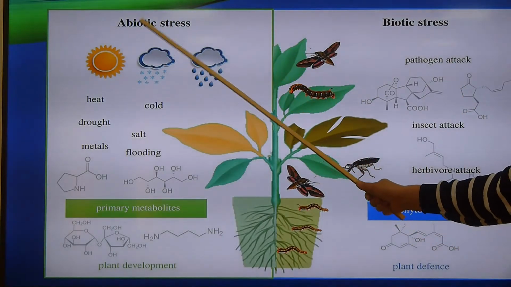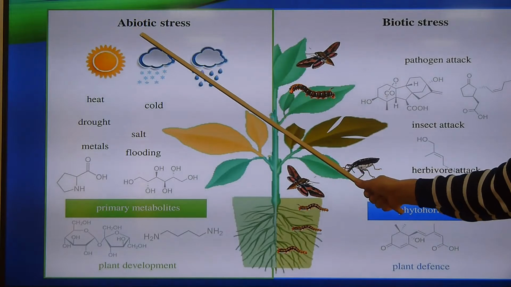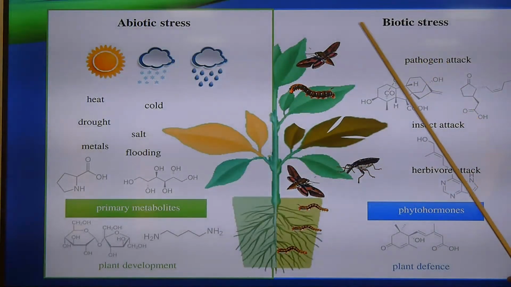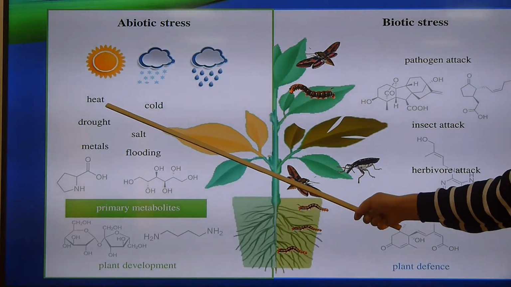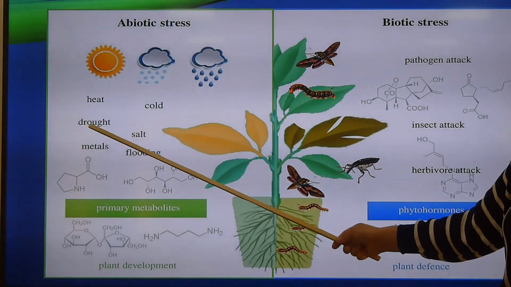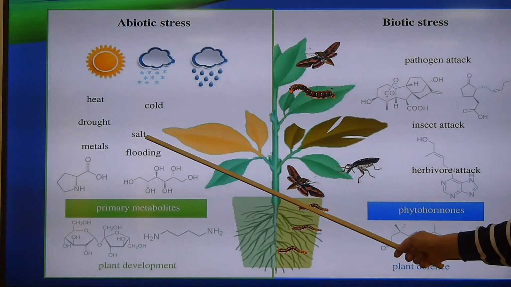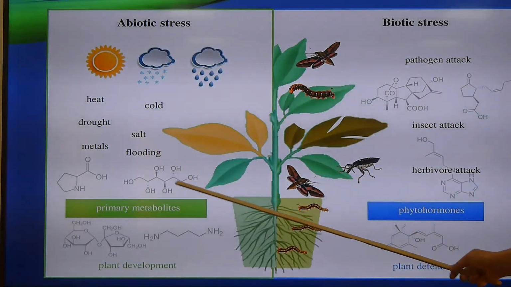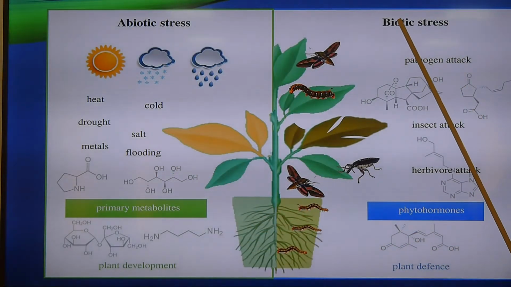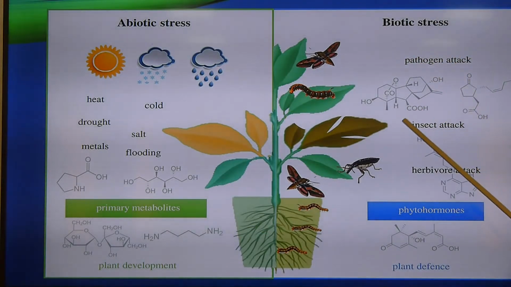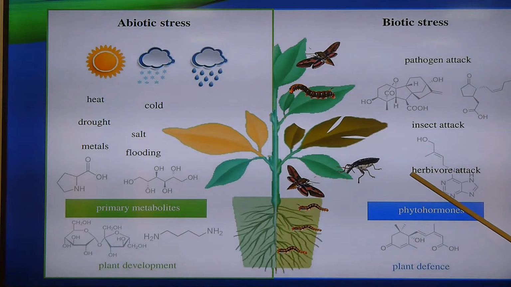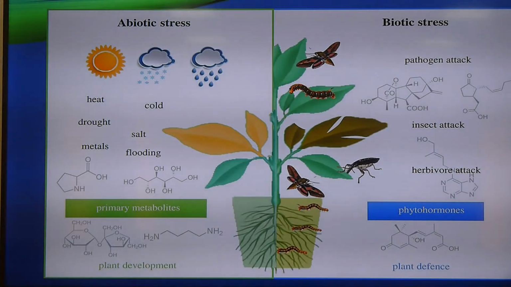Also, we can say abiotic stress and biotic stress. Abiotic stress includes heat, drought, cold, salt, metals, and flooding. Biotic stress includes pathogen attacks, insect attacks, herbivore attacks, and etc.